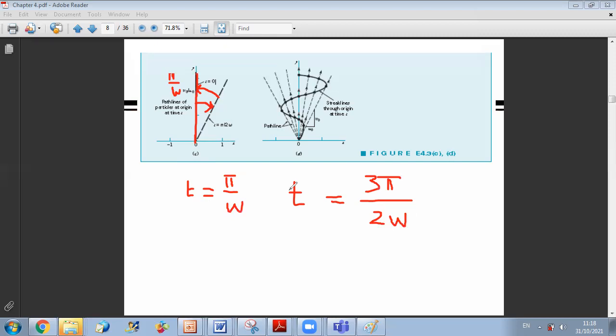For t equal to 3 pi over 2 omega, you will get that constant C1 is minus 3 pi V0 over 2 omega. You will have that constant C2 is 3 pi U0 over 2 omega.